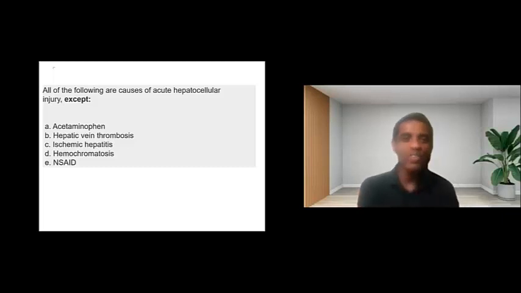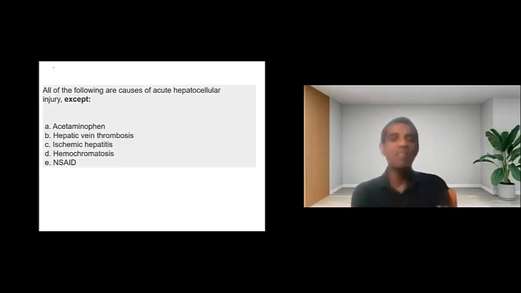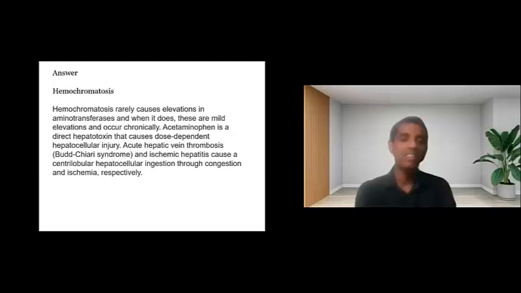Hemochromatosis rarely causes elevation in aminotransferases; you can see a mild elevation, but it does not mainly cause transaminitis. Compared to other causes like paracetamol toxicity, which causes a dose-dependent hepatocellular injury, hepatic vein thrombosis, which causes congestive hepatitis, and NSAIDs, which can also cause hepatocellular injury. So hemochromatosis is the answer because it rarely causes elevation in aminotransferases.